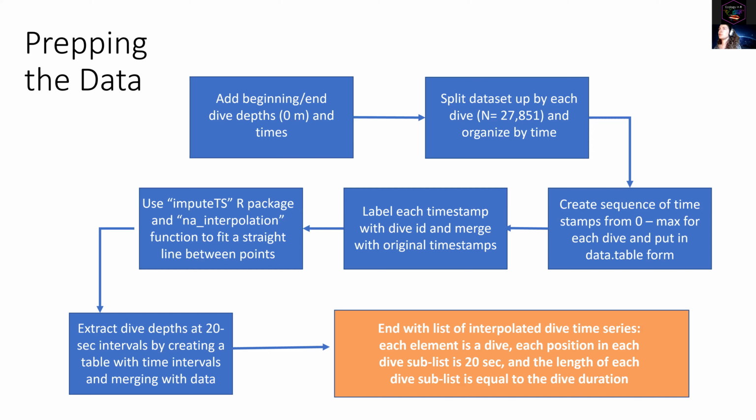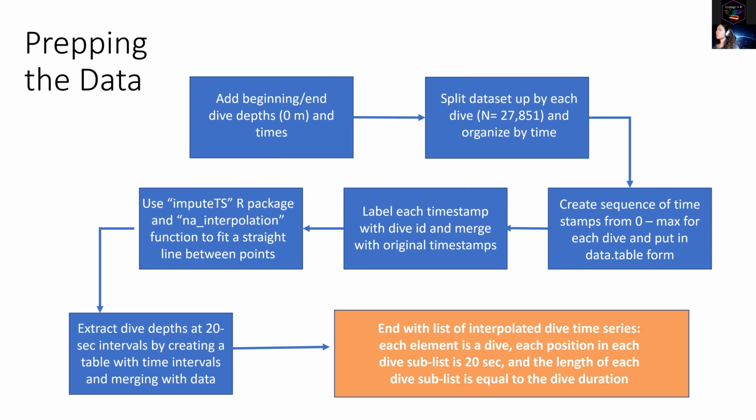Essentially, to prep the data, I got my raw data time series. I had dives for each individual, but the dives didn't actually have the beginning and end dive depths recorded. They're at 0 depth when they start the dive and when they end the dive, so I had to add those 0 points at the ends. I then split the data set up by each individual dive and organized them by time.